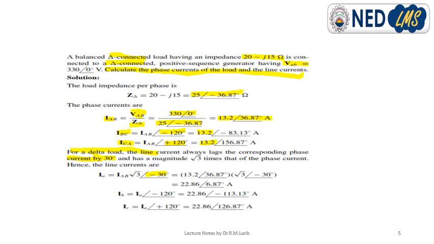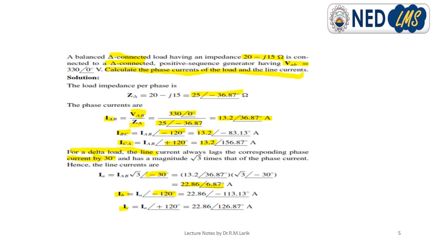You will get 22.86, and respectively you will calculate the other line currents, such as IB and IC.